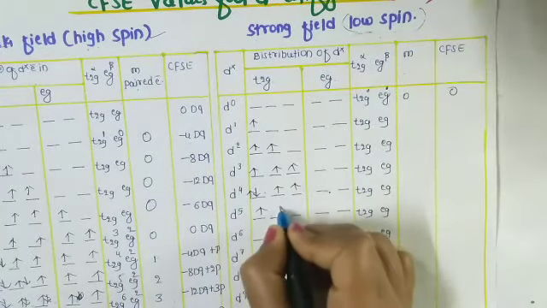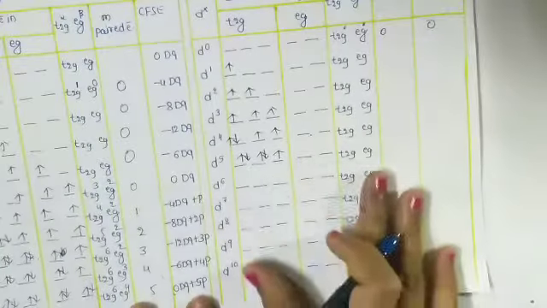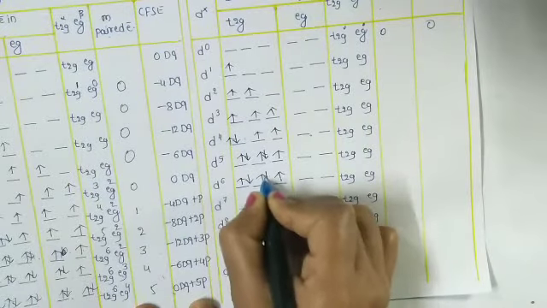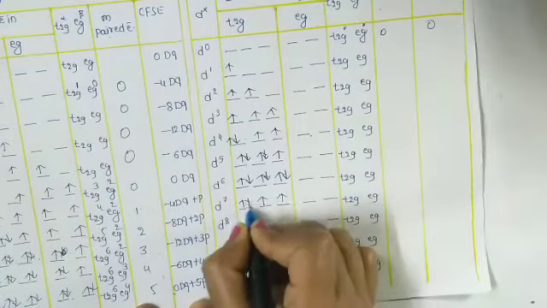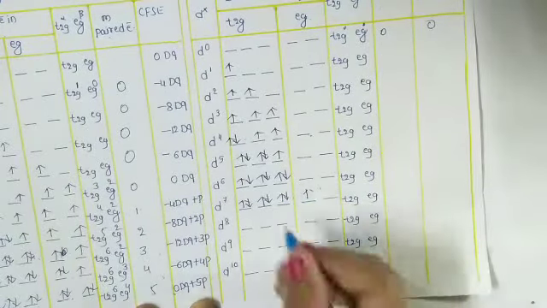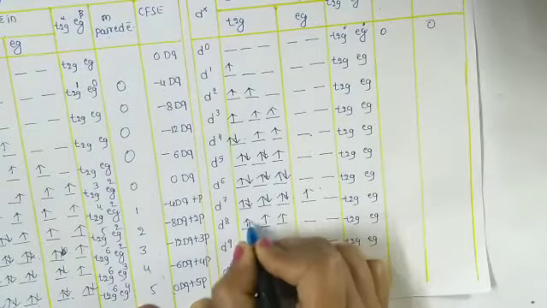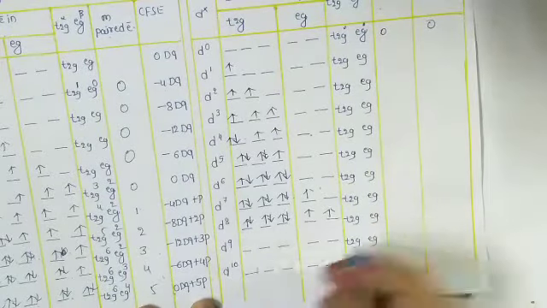Now again 1 2 3 4 and this is the 5, 1 2 3 4 5 6, and the seventh one goes into the Eg set of orbitals. Next one, 1 2 3 4 5 6 7 8.